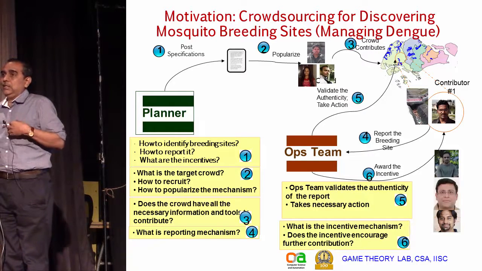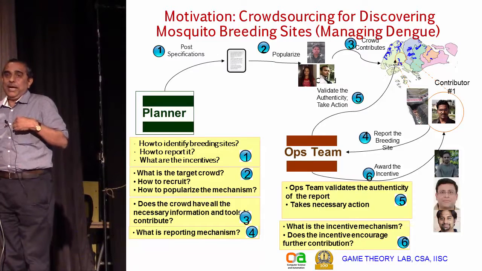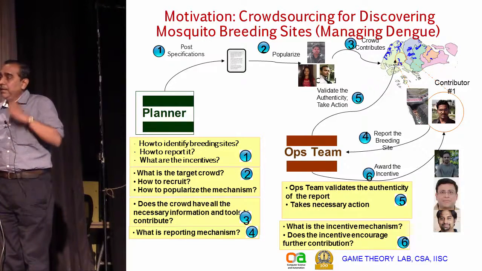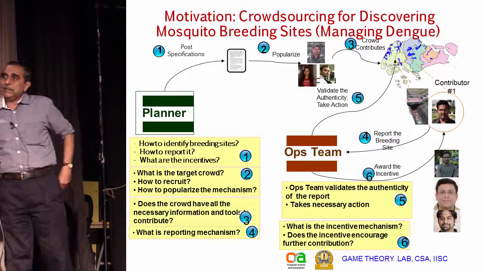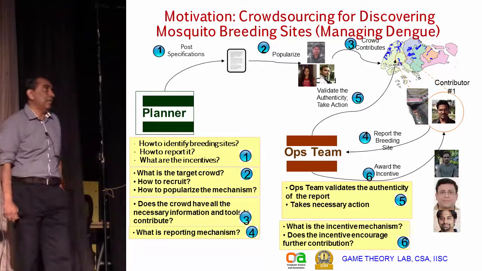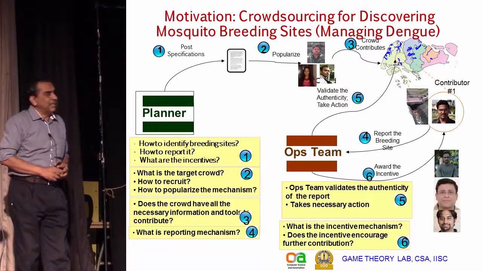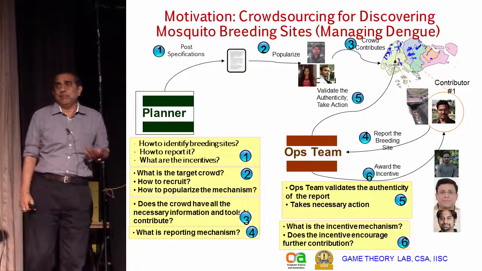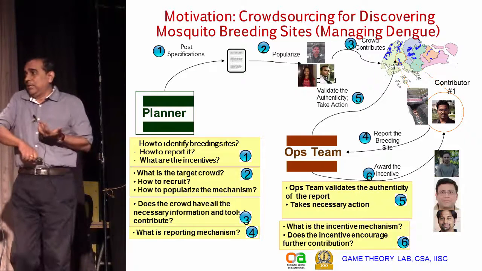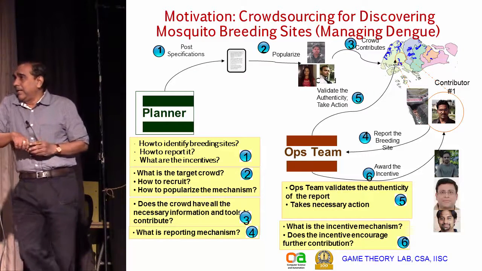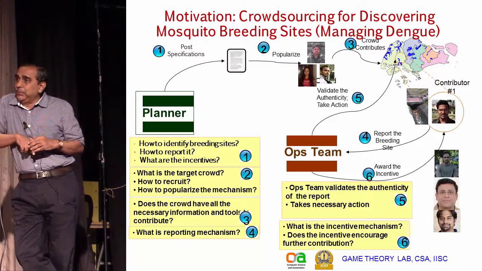IISc has something like 4,000 students, and as many as 55 students were affected with dengue fever in a given month. So dengue is actually something that needs to be taken care of. The idea here is that dengue comes because of mosquitoes. All of us know that mosquitoes will have to be eliminated if you want to take care of dengue.